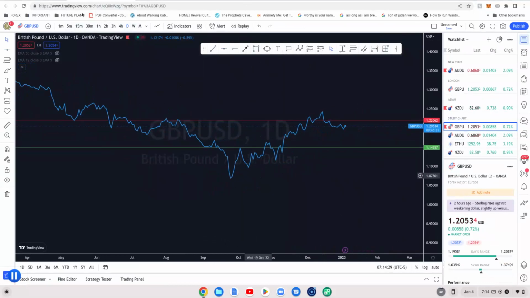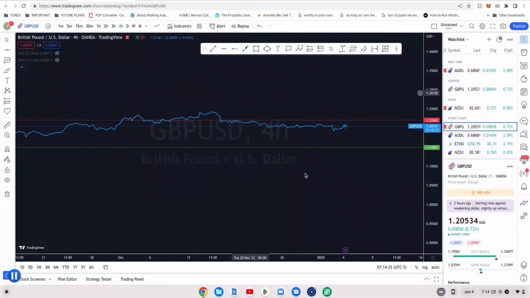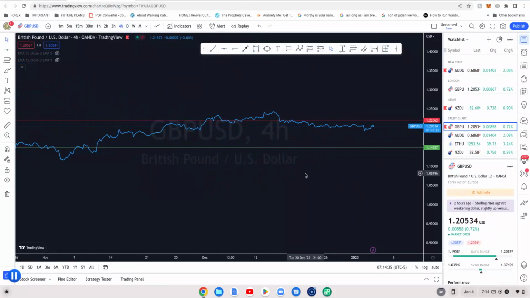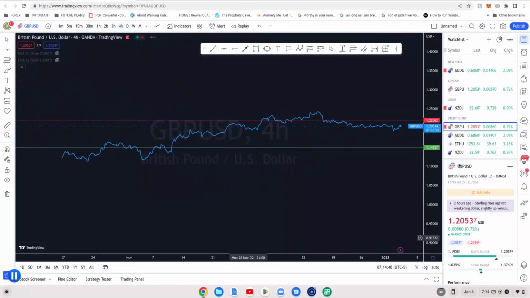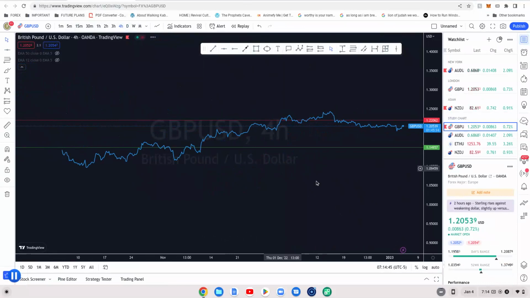All right, so now I'm going to go down to the 4-hour chart, and I'm going to put further support and resistance zones, okay, or lines. So I need to zoom out just a little bit, because that definitely zoomed in.